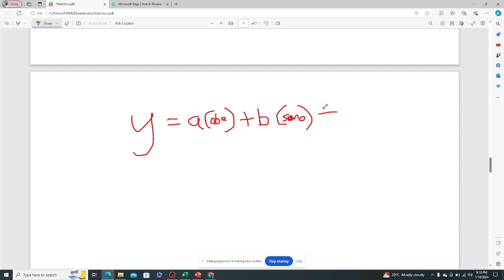Then plus our constant, that is the y-intercept. So in this case, you can see we are having two variables. These two variables influence our outcome here.